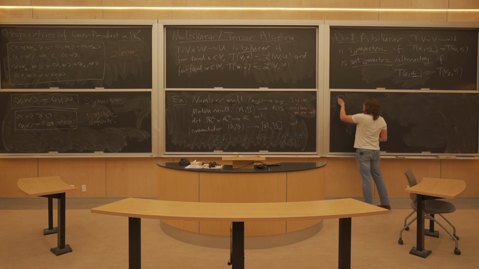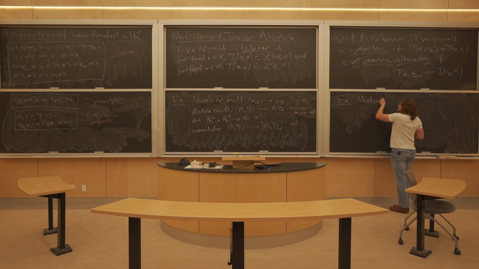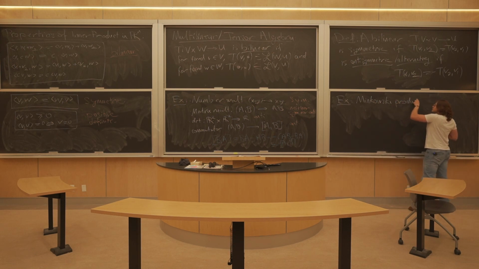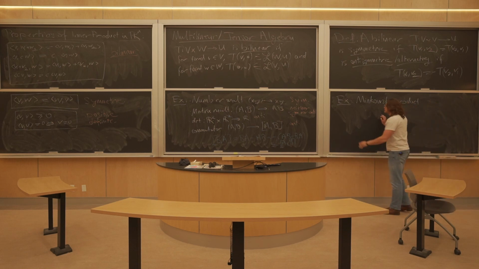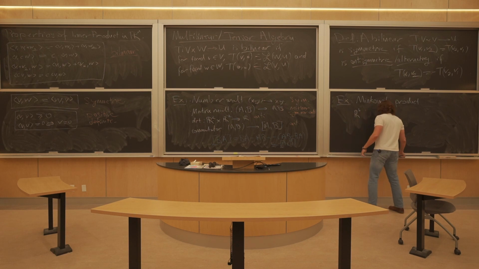So this is important. Minkowski product. So you take two vectors in R4, right? So that's going to be your space-time. So let's say that T1, X1, Y1, Z1.